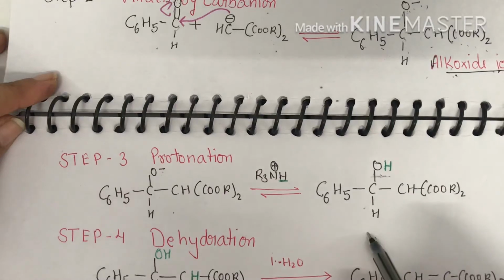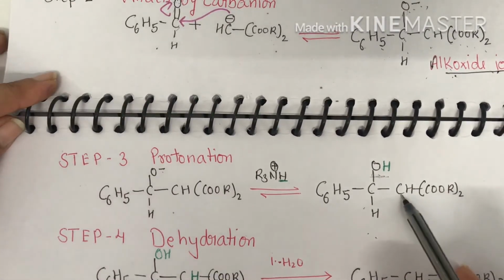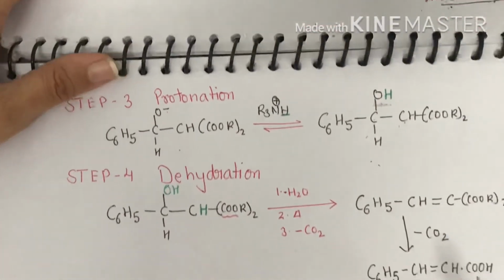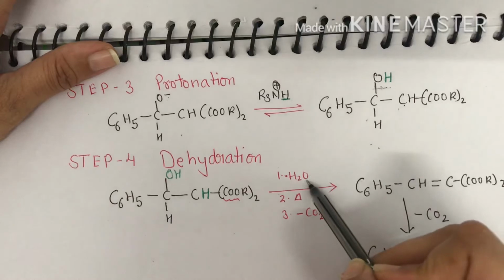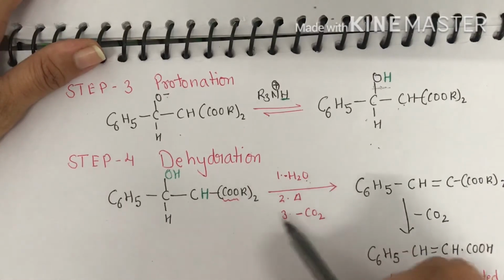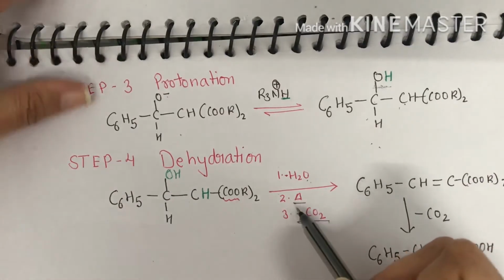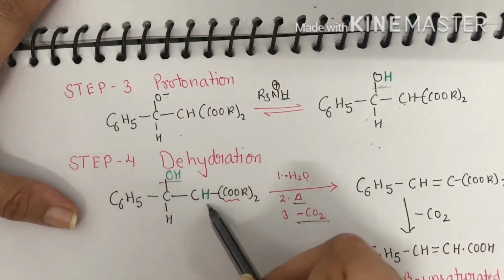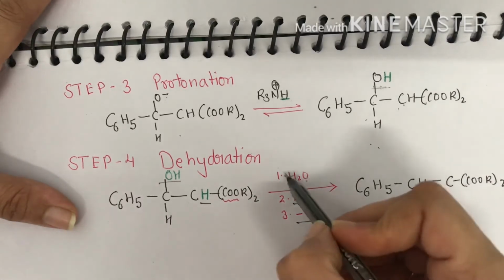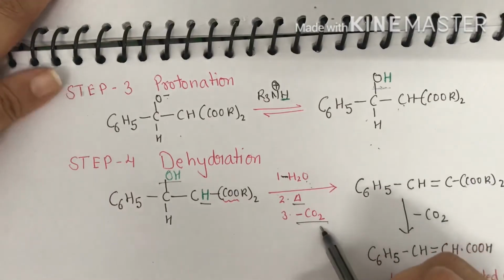Our desired product is alpha beta unsaturated acid. Then what do we do? Then we do dehydration. Dehydration is what? Removal of water molecule, and one CO2 molecule will be removed on heating. This OH and H are removed, so a water molecule is eliminated and one CO2 molecule is eliminated.